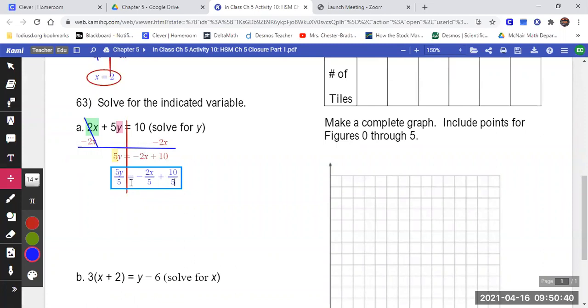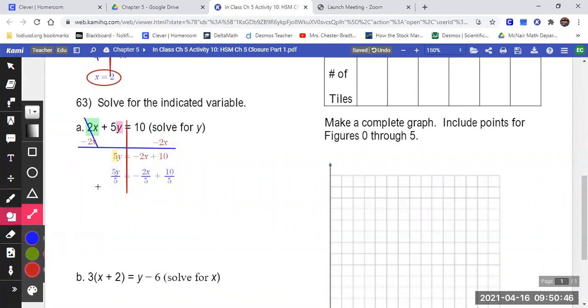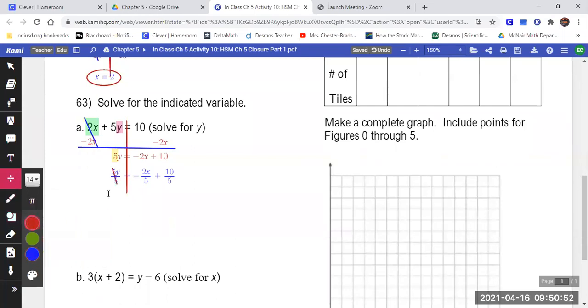And we have to clean up all pieces individually, okay? So the 5s are gone, big 1, no longer needed. We only have y, and then we're going to clean up the other side individually. Solve the 10 divided by 5. What do we get?